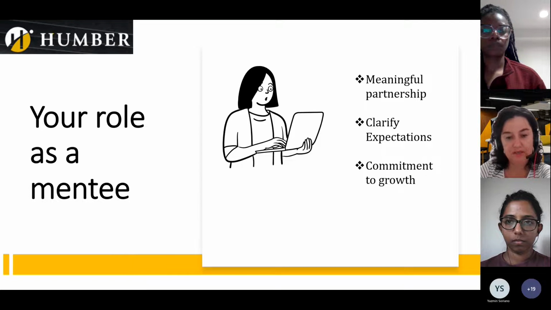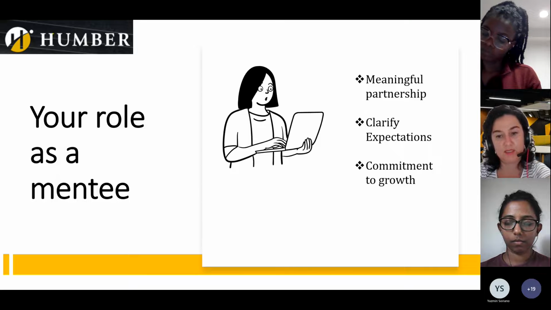So your role as a mentee is another very important topic in this whole discussion. And the main goal for a new mentee is to create a meaningful partnership with your mentor that is going to benefit both parties, and it will keep your meetings well structured, to the point, and produce the desired results.